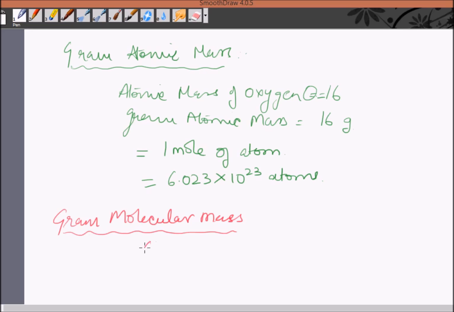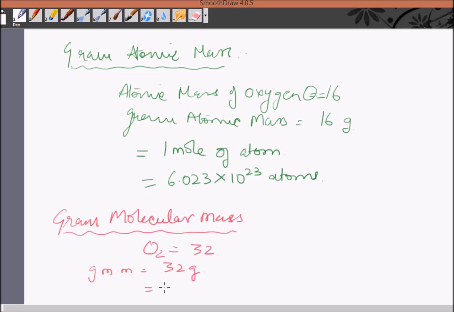For example, O2 has the molecular mass 32, so the gram molecular mass will be 32 grams, which is actually similar to the gram atomic mass.